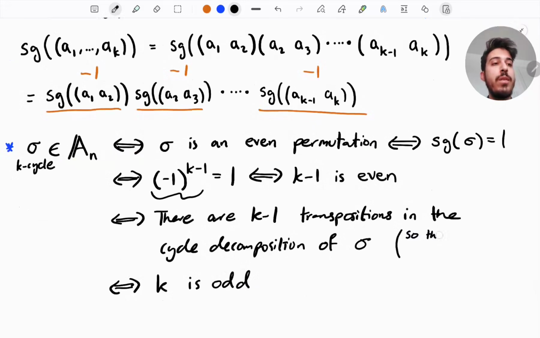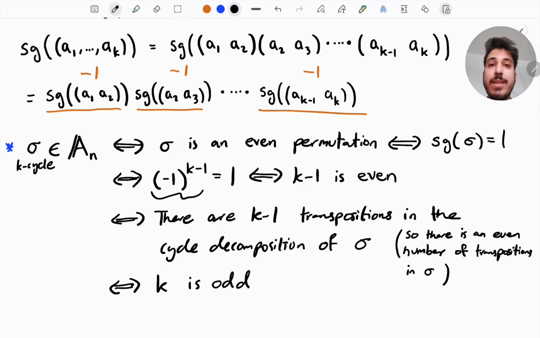So there is an even number of transpositions in sigma. And this in general applies not only for a k-cycle, but for any permutation in Sn. So sigma is in An if sigma contains an even number of transpositions in its product decomposition.